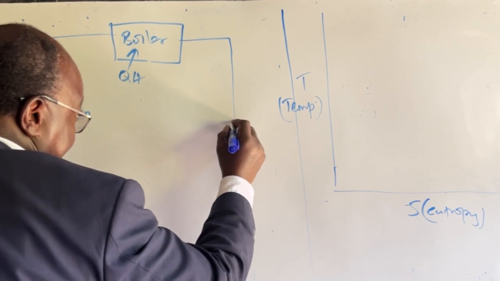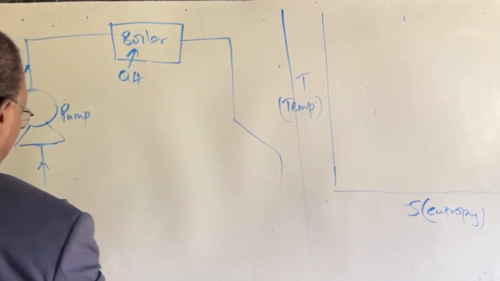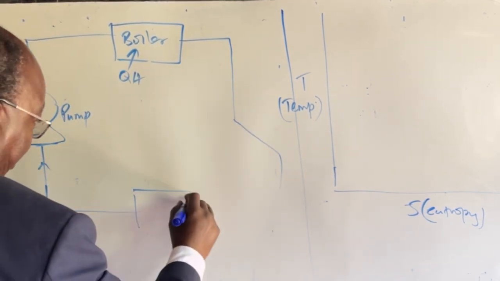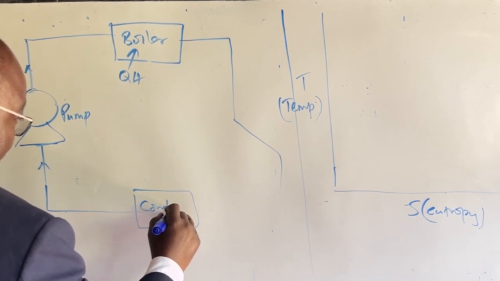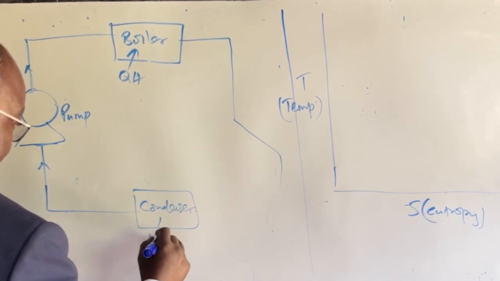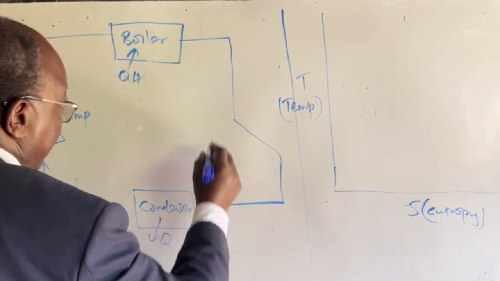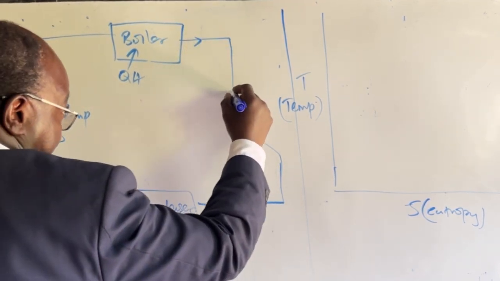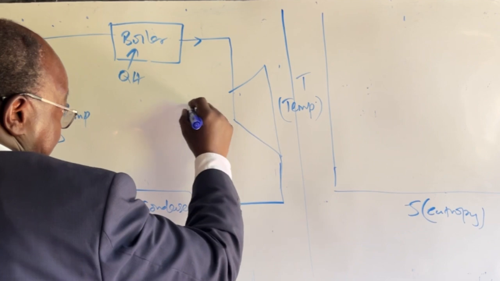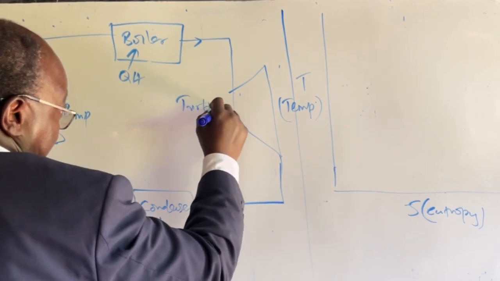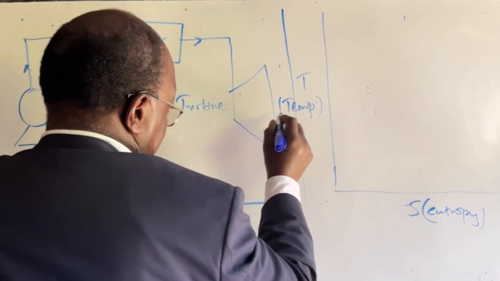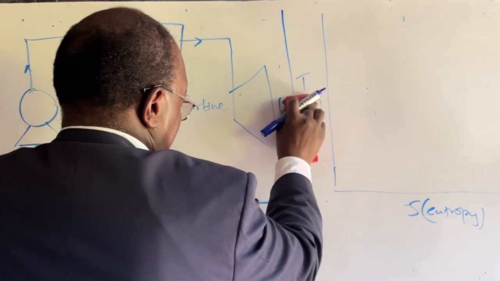Then we have a turbine and a condenser. Heat is discarded from the condenser. And we have our turbine, where work is done. There's a work output from our turbine.